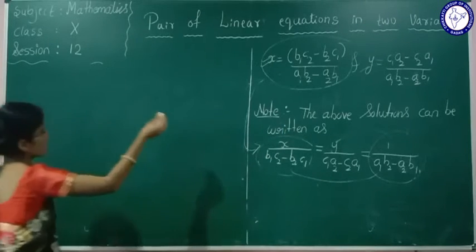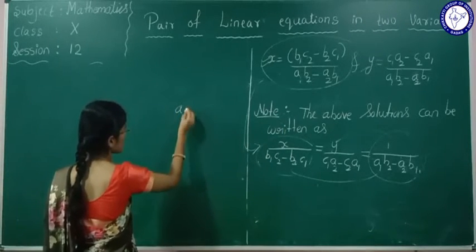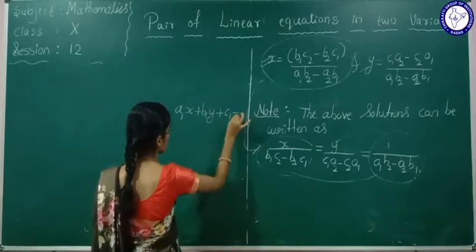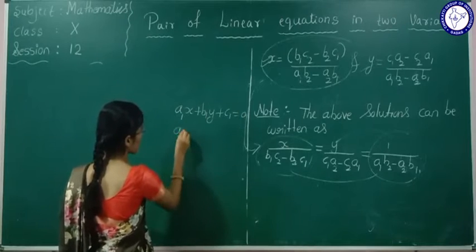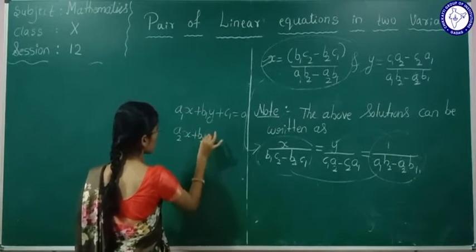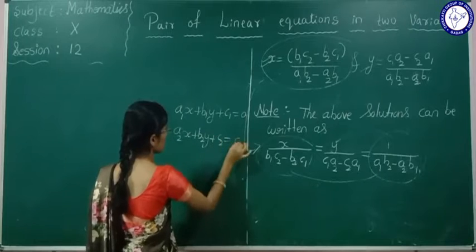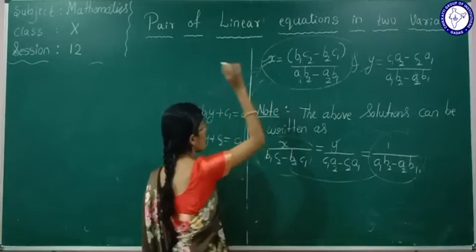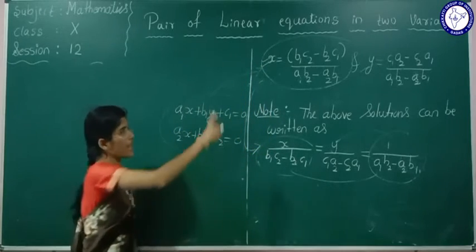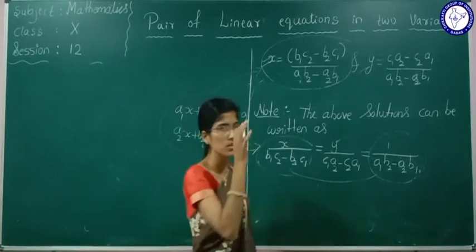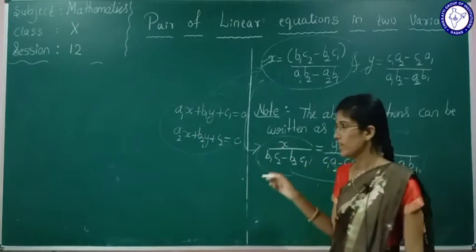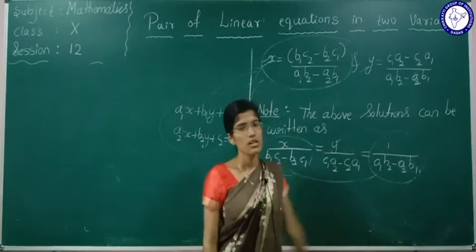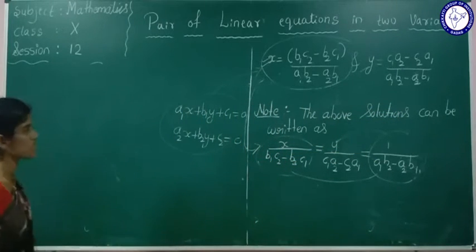We took a pair of linear equations, a1x plus b1y plus c1 is equal to 0, a2x plus b2y plus c2 is equal to 0. For this pair we got the solutions, that is x and y. Now how to remember the solution of this pair? Okay, see it is very difficult to remember, right?